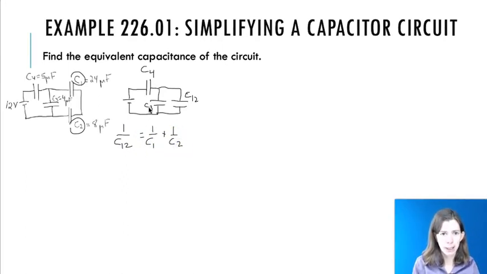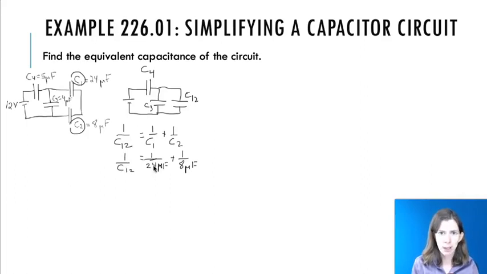Go ahead and plug in the numbers to calculate a value here. 1 over 24 microfarads plus 1 over 8 microfarads. And I'll tell you a trick. When I put these in the calculator, I don't worry about the microfarads because I can just put in 1 over 24 plus 1 over 8, and then microfarads will end up being the unit for the final answer.